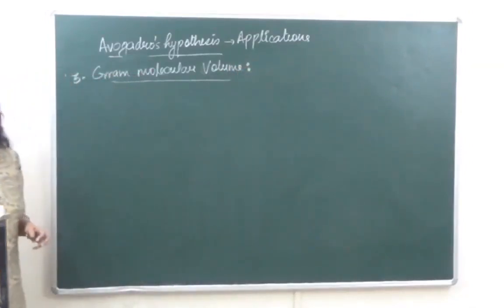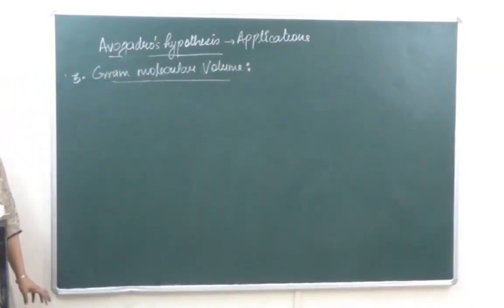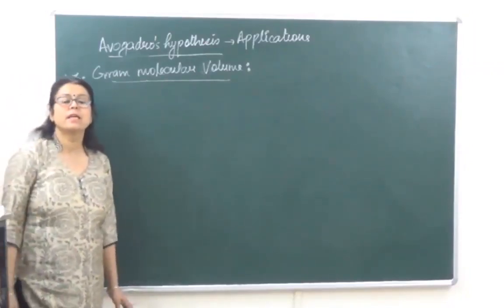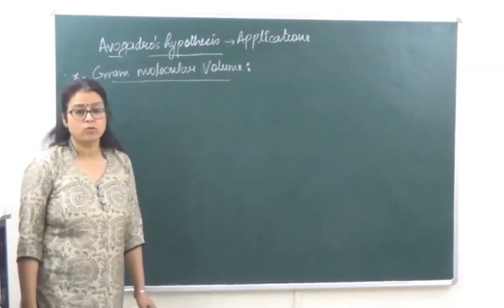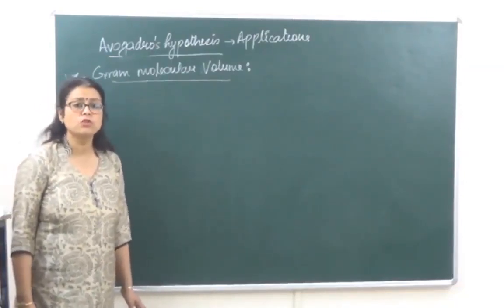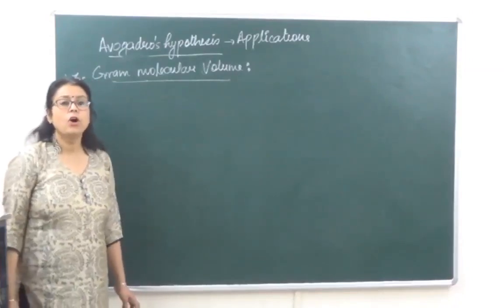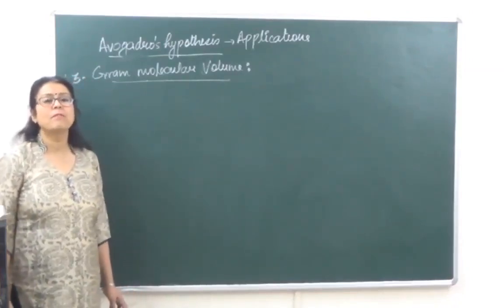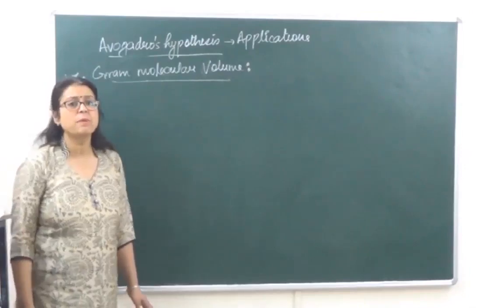ग्राम मोलिकुलर वॉल्यूम। अब ग्राम मोलिकुलर वॉल्यूम को हम लोग किस तरह से कैलकुलेट करेंगे? इसको हम कैलकुलेट करते हैं बाय टेकिंग द डेंसिटी ऑफ हाइड्रोजन और डेंसिटी ऑफ हाइड्रोजन दैट इज इक्वल टू 0.00009, राइट? और 9.0 into 10 raised to power minus 5 grams per ml.